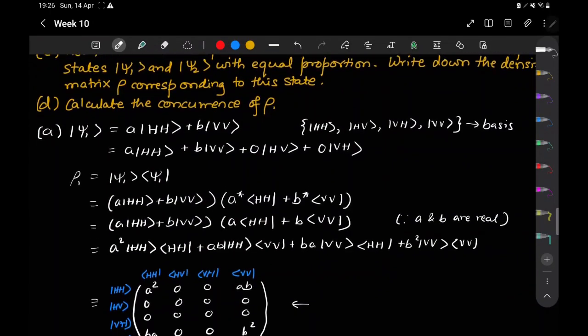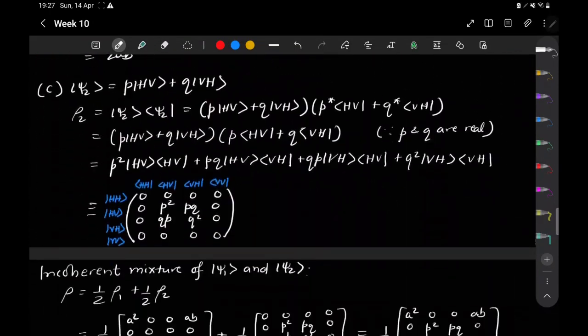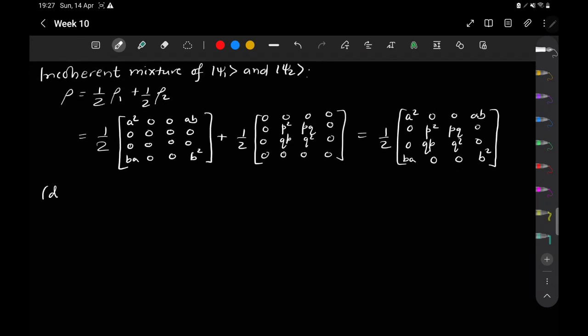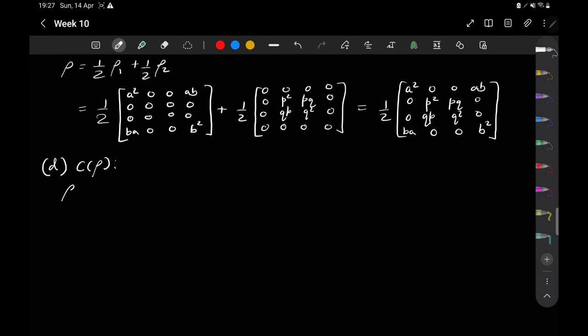Part B is to calculate the concurrence of this rho. So by now we know how to find out the concurrence.